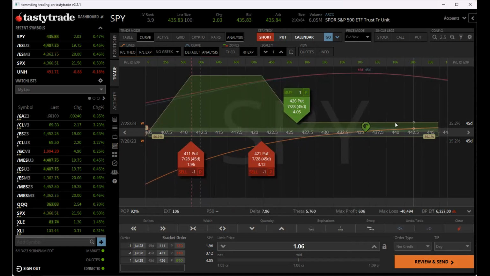Now, SPY, not as good of a buying power move on this particular thing, but if you like SPY and don't mind owning it at a 7-8% discount, again, this is one way to make money on this, depending on your account margin. If you're on a PM account as well, it could be pretty nice. But this is almost a 2% return on your buying power in 45 days, a little over 1.5.